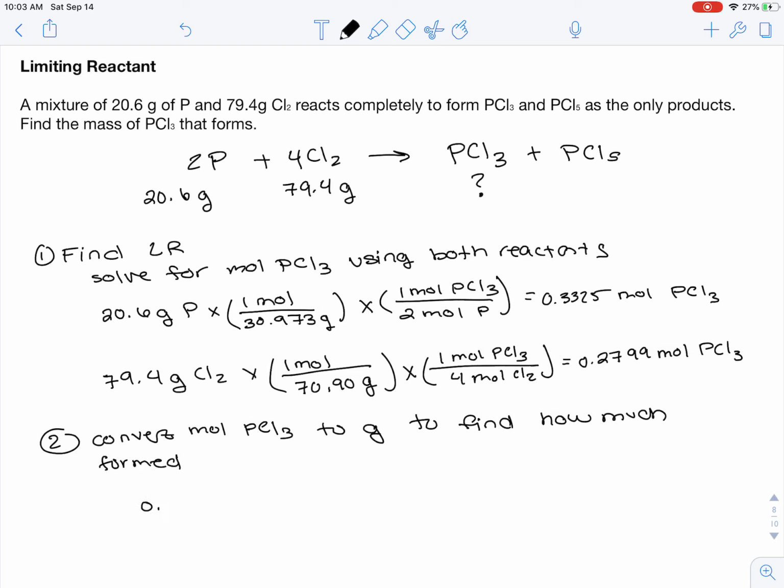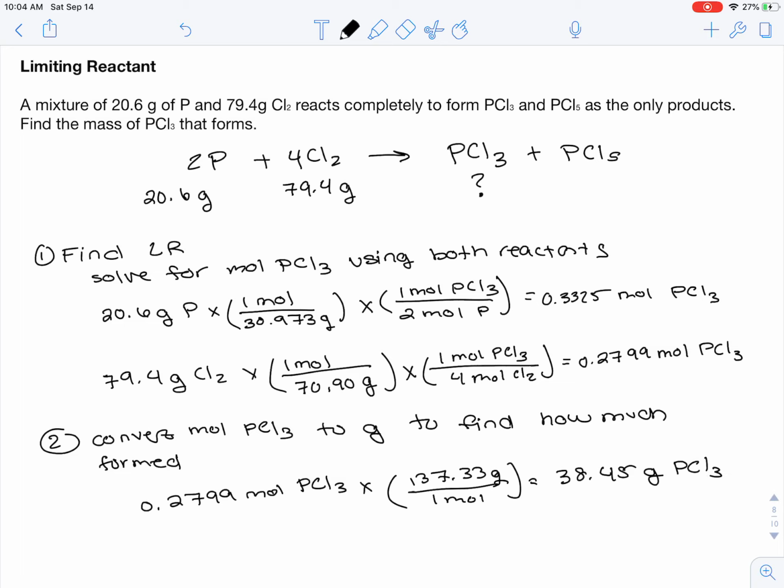So then 0.2799 moles phosphorus trichloride times the molar mass, which is 137.33 grams per mole. And that gives you 38.45 grams. And we want 3 significant figures, so 38.5 grams of phosphorus trichloride is how much you found.